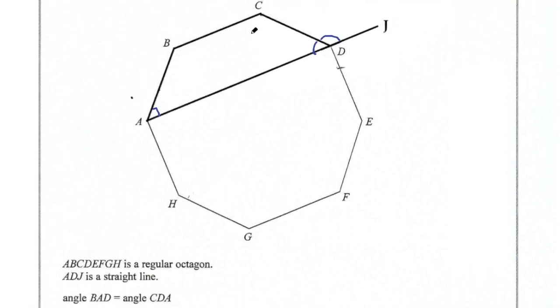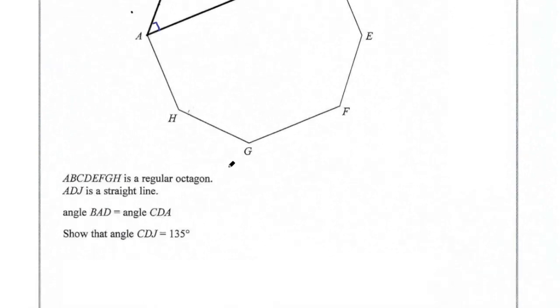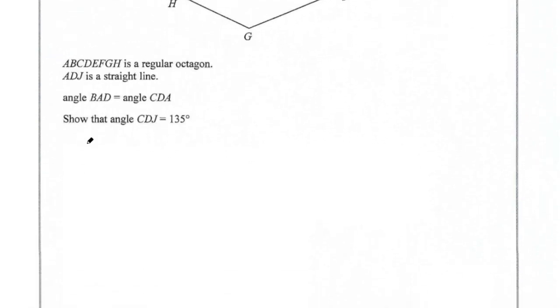So the first step here is to find out what the angles in a regular octagon equal. And for that we can use the formula for interior angles of a polygon. And that looks like this, n minus 2 times 180 divided by n. And I've done a video on that if you're not sure about that formula.